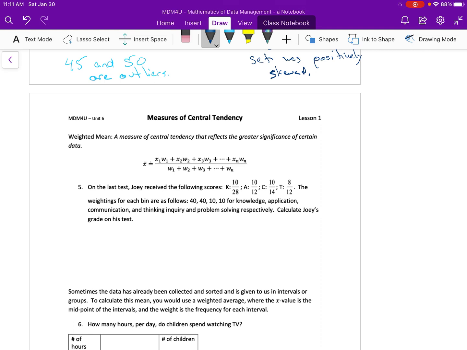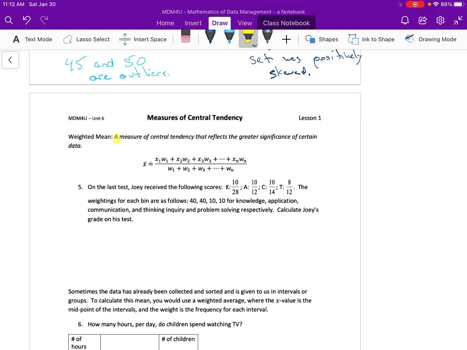If you do a standardized test, or go in for a job interview, often they'll test you, but they might weight certain tests differently. Personality tests might be weighted more than logical thinking, for example. You'll probably encounter this at some point in your life, so it's good to be able to calculate weighted means and understand how they work.